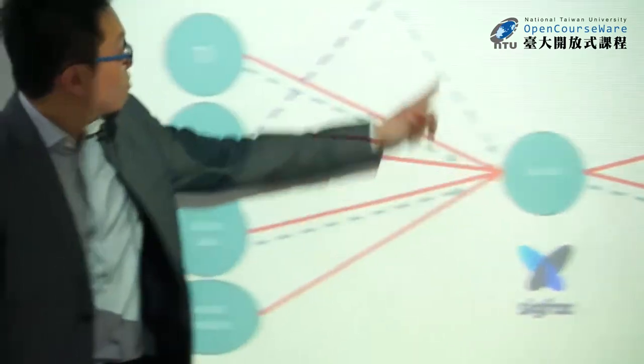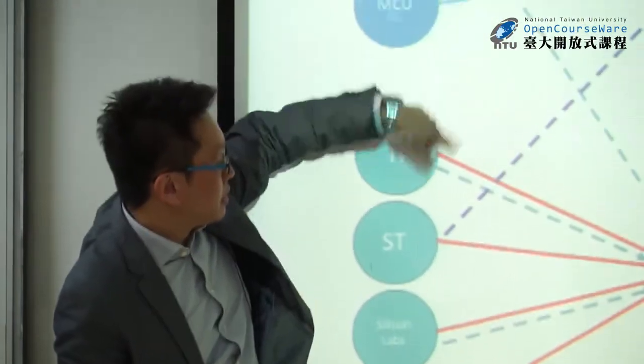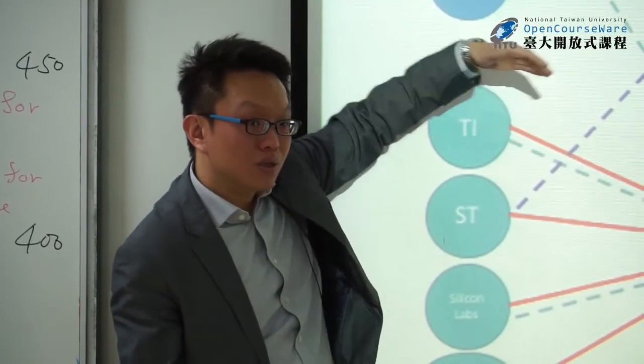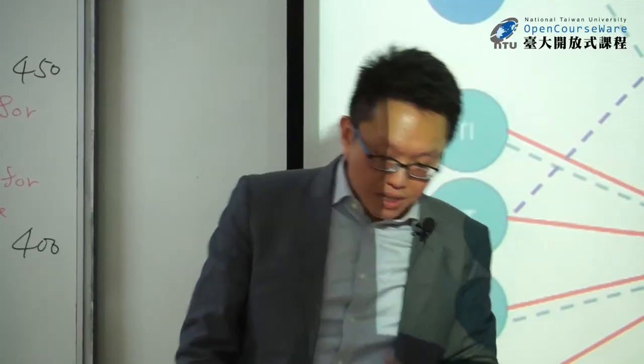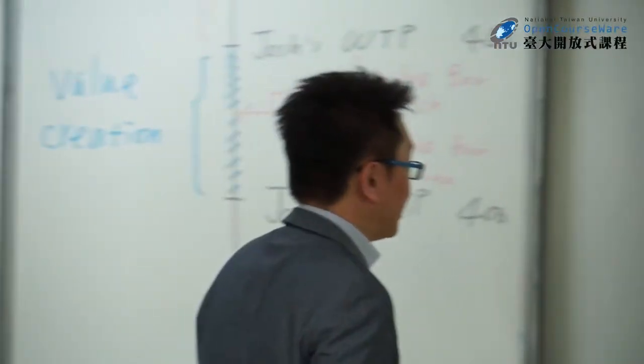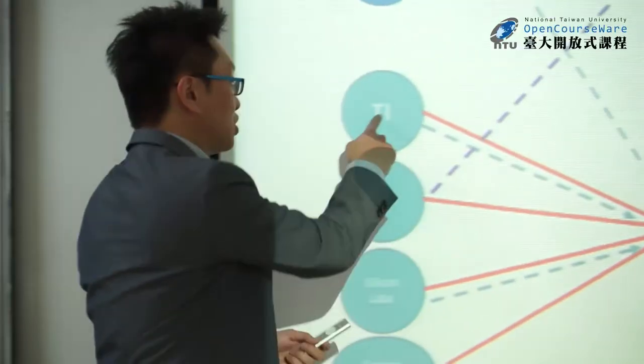If Sigfox can move supplier from TI to Semitech, what is the consequence in the ecosystem? This will shift pressure to TI, and Sigfox can ask TI to reduce the price.